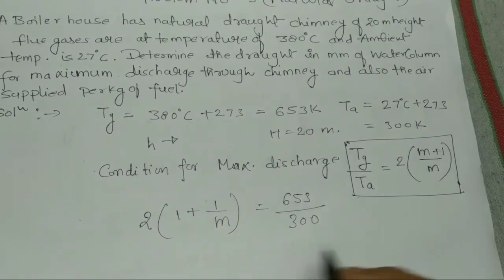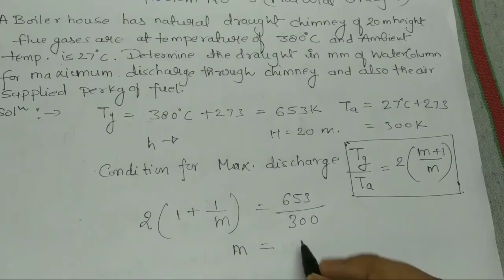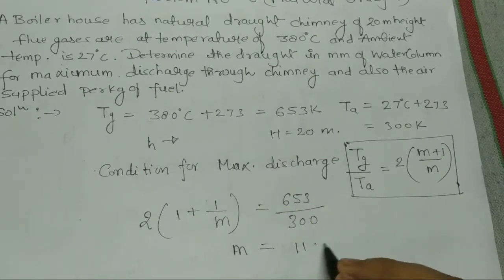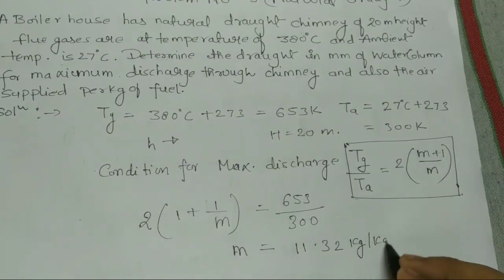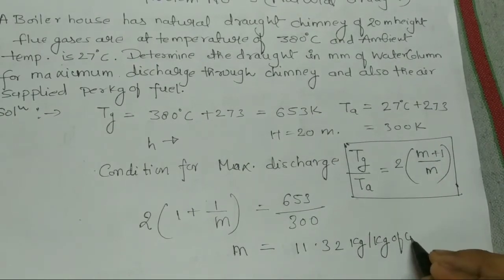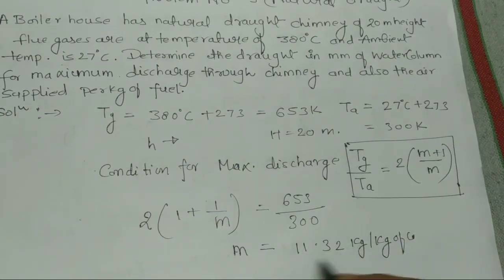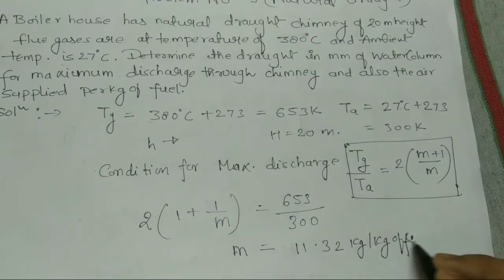If we solve this, m comes out 11.32 kg of air per kg of fuel.